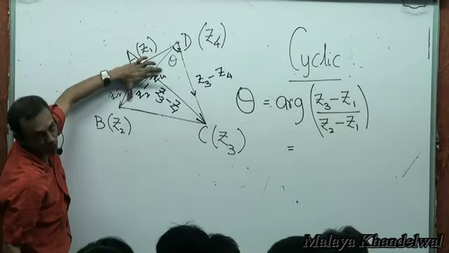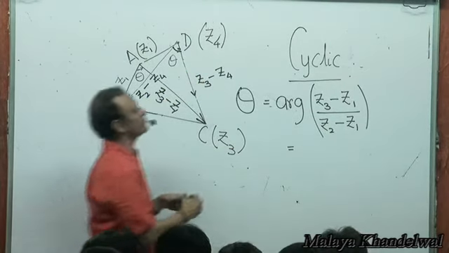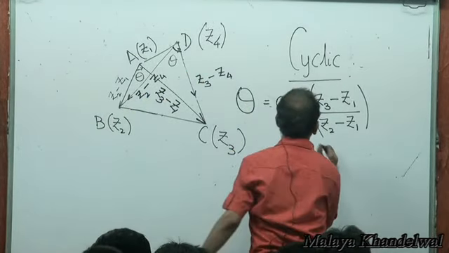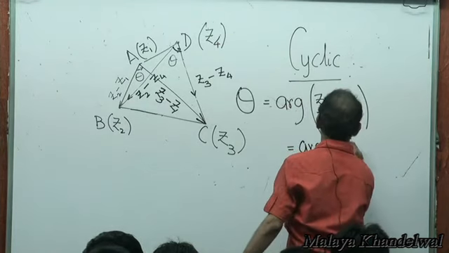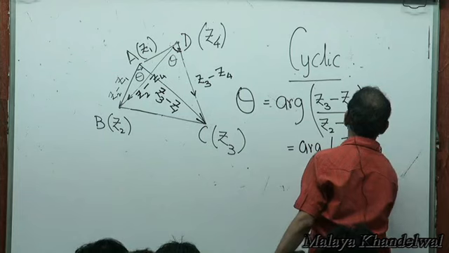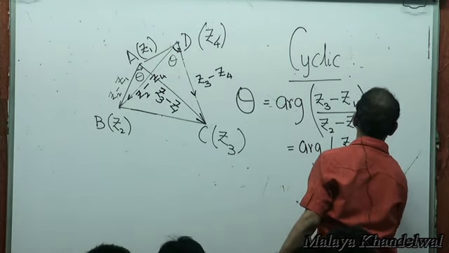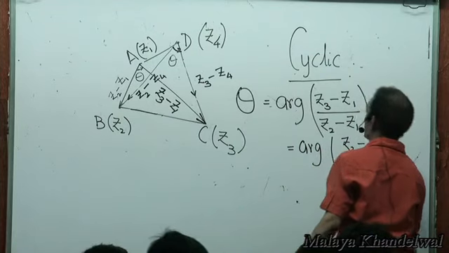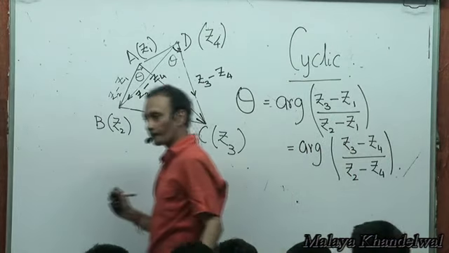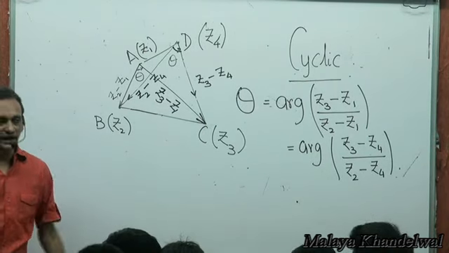That means Z2 minus Z4 must be the denominator vector, Z3 minus Z4 must be the numerator vector. That means this must be the same as argument of Z3 minus Z4 divided by Z2 minus Z4. Yes or no? Right?